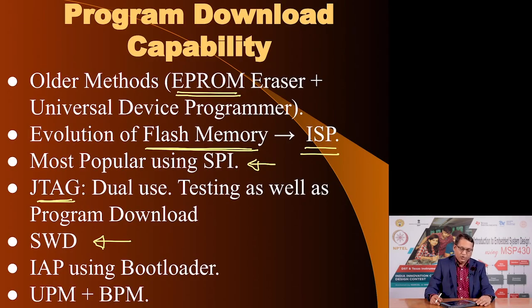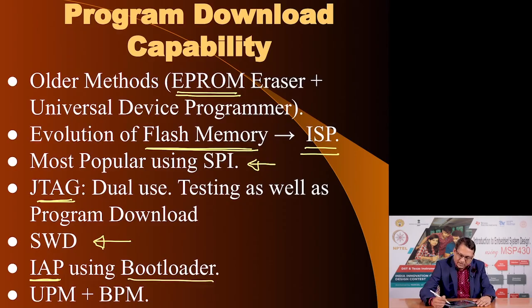This is a more efficient protocol which uses fewer pins than JTAG. And another way to download a program into your code is a method called in-application programming, meaning you don't even stop your application from running. While the system is running, you can download code into it using a technique called bootloader.